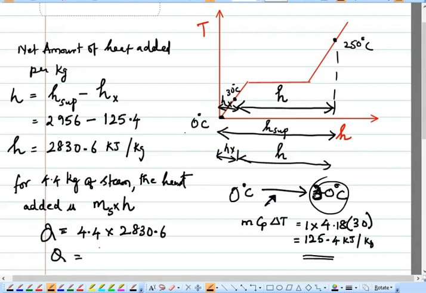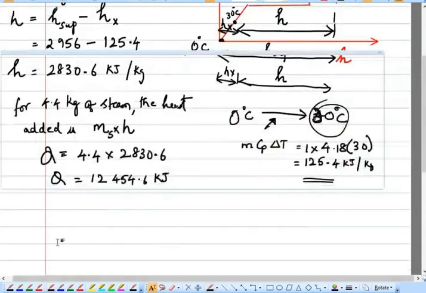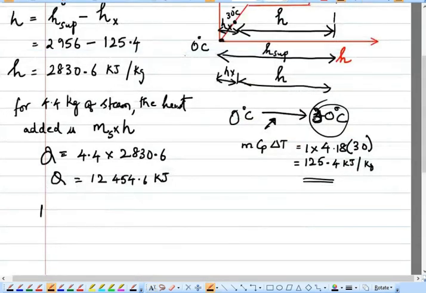If you multiply this, you will be getting 12454.6 kilojoule. So this is your final result. This much amount of heat has to be added to water at 30 degrees Celsius to convert it into steam at a temperature of 250 degrees Celsius and 6 bar.